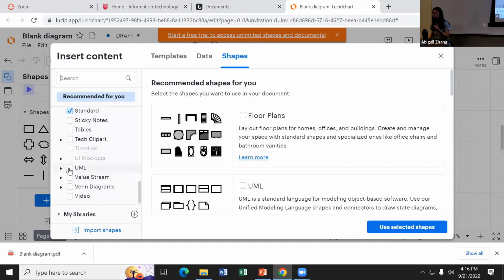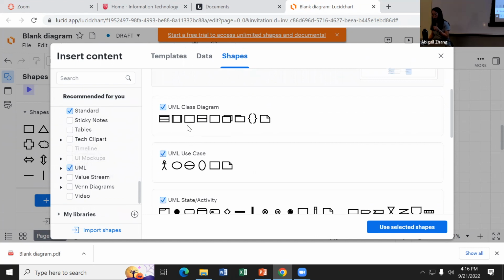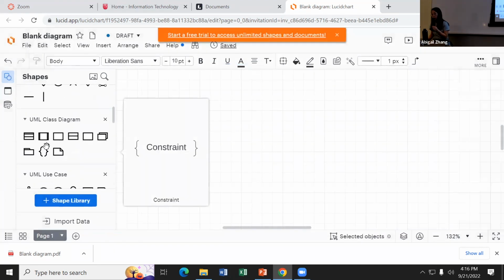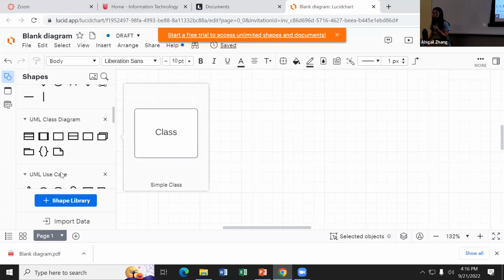Then we can scroll down this list, and you should be able to see the option called UML. Click it, and you will see that we can add UML class diagram shapes to this collection. We can click this Use Selected Shapes, and now these UML diagram shapes will be available in this shape collection.